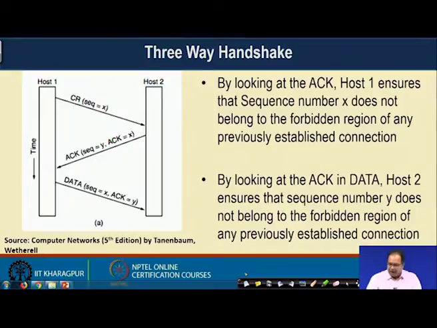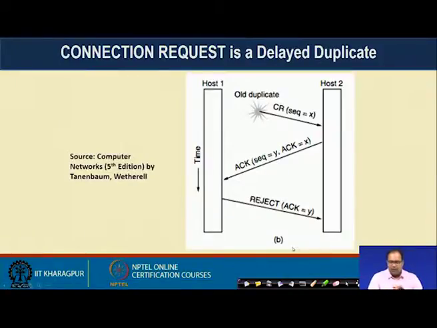Let us see how, with this mechanism, they can correctly identify delayed duplicates of the sequence numbers. Let us see a case when the connection request is a delayed duplicate. Host 2 has received a delayed duplicate connection request with a sequence number x, so it sends back an acknowledgement of that x.